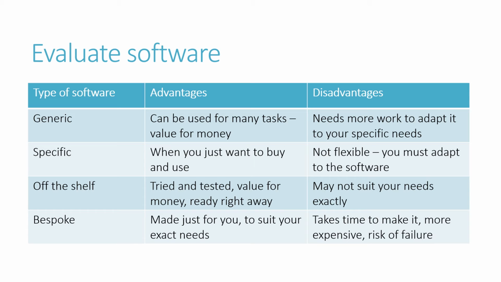The cost is shared across the entire user group, and it's ready to use right away. So this makes off-the-shelf software a safe and good value option, and it is the most common way that people get software. Of course, because it's used by millions of people, it may not suit your particular needs exactly.